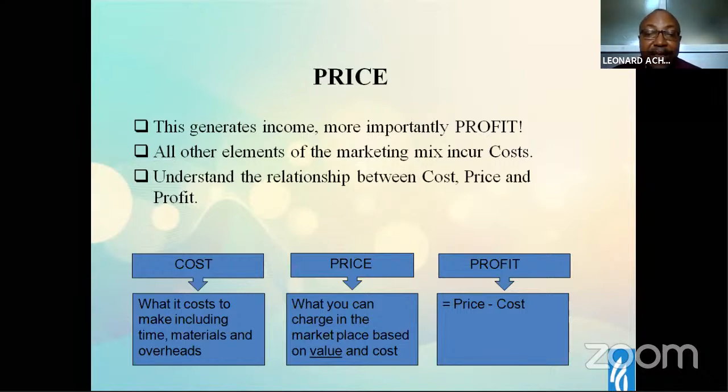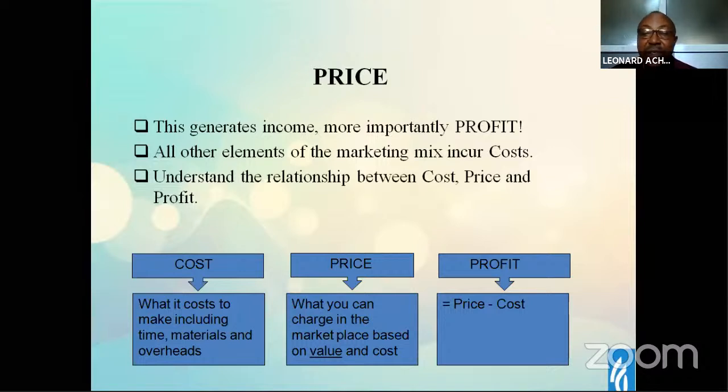And then price is what you can charge in the marketplace based on the value and cost. So when you put the cost of production together with the value of the product, then you fix a price, which after the sales at that price, you should be able to recover your cost and value and then have something extra, which is called profit.